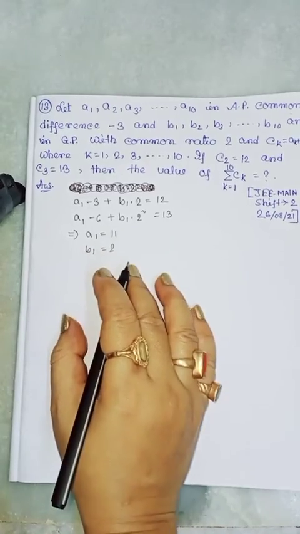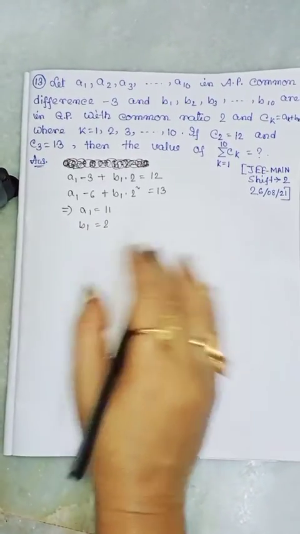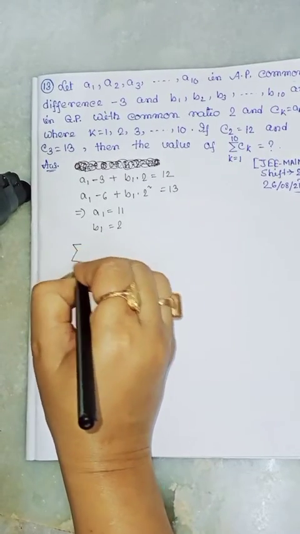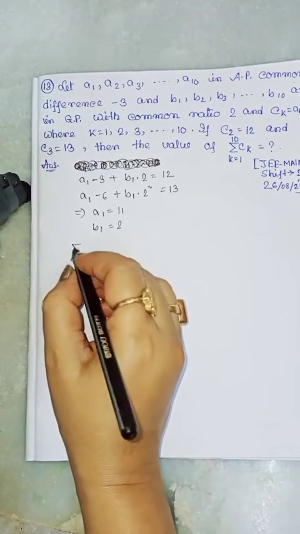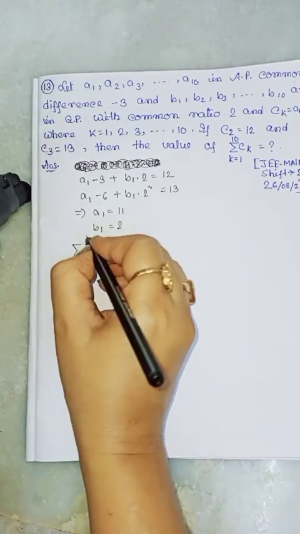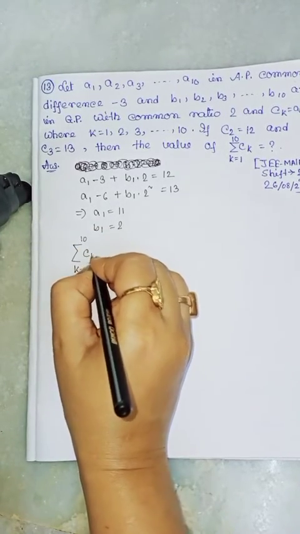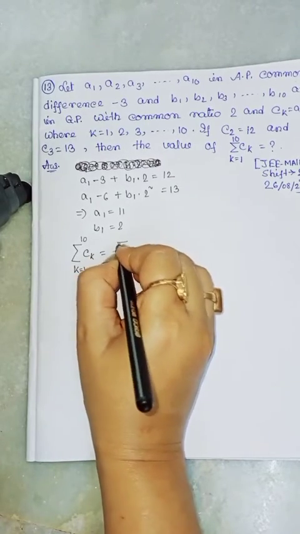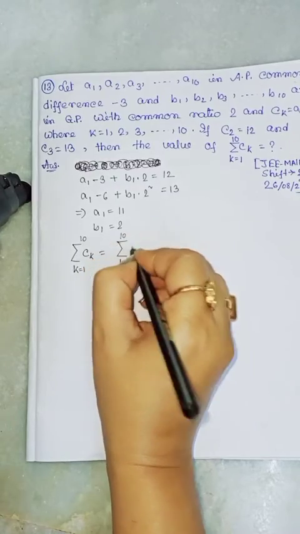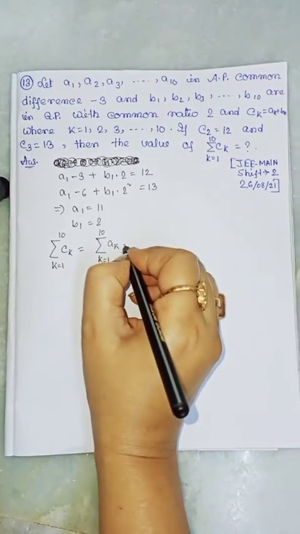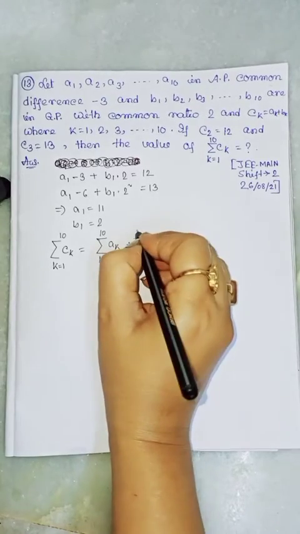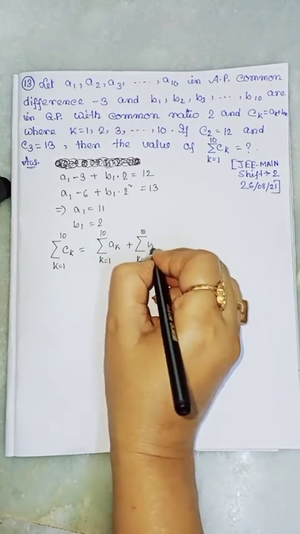Now we have to find the value of the summation of K is equal to 1 to 10 CK, that is equal to summation of K is equal to 1 to 10 AK plus summation of K is equal to 1 to 10 BK.